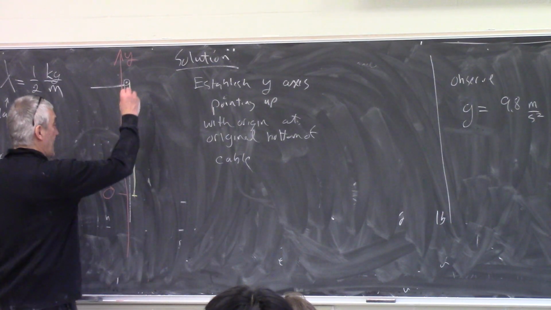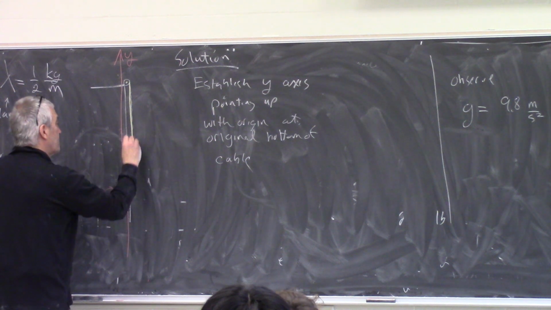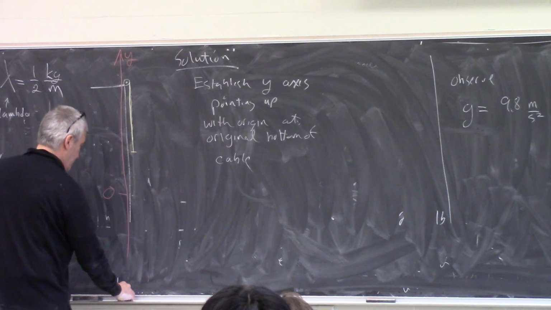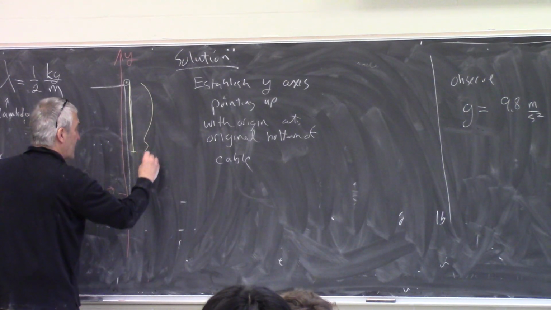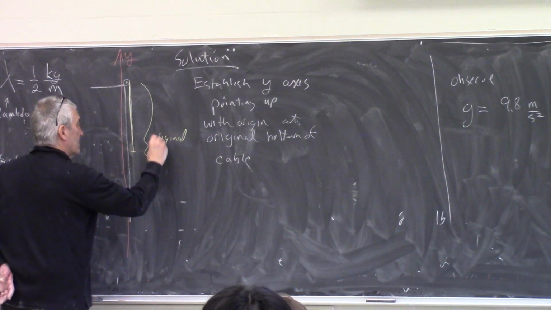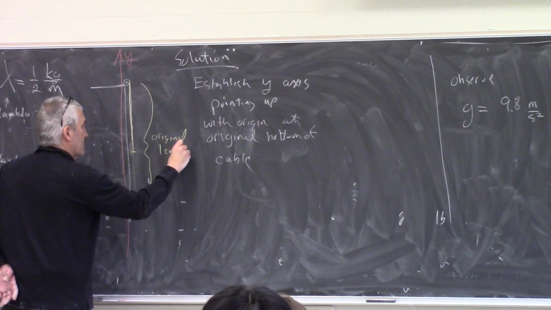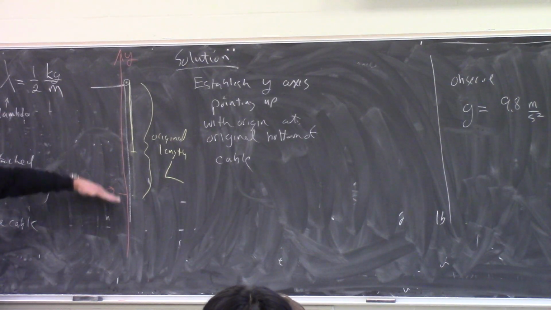But of course, this cable can get spooled up, and could be here. So this distance is the original length L. Capital L is the distance from the top of the building to there.